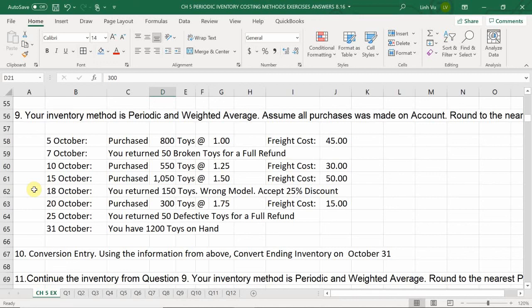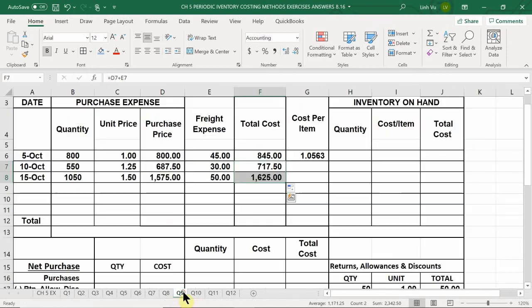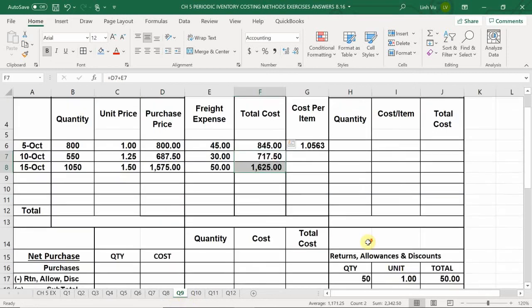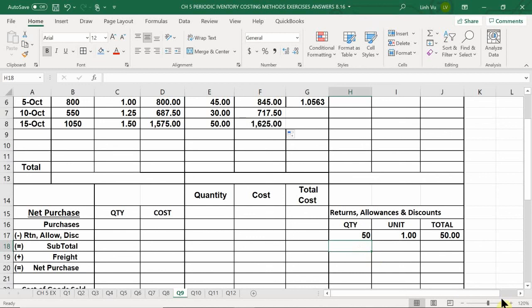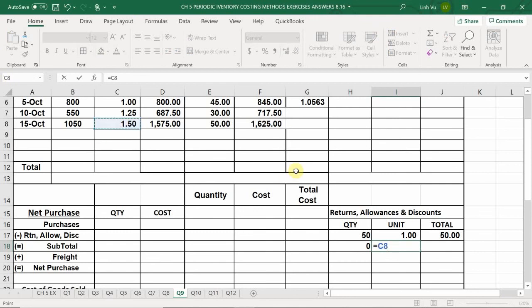150 toys. So in this case, did we make a return? No. However, how much did each item cost me? $1.50, right?